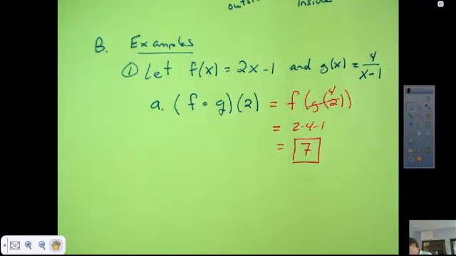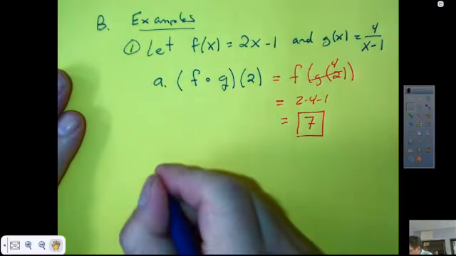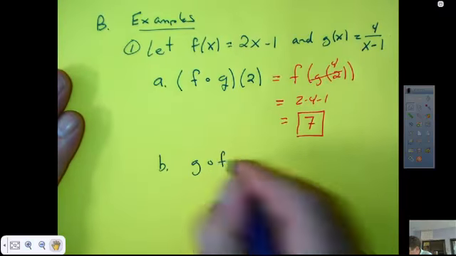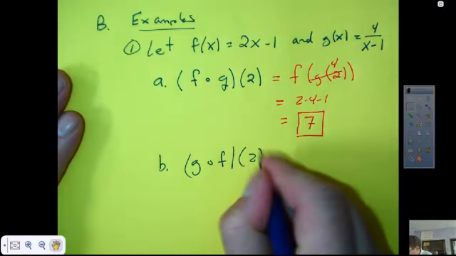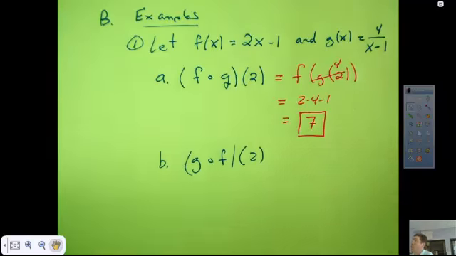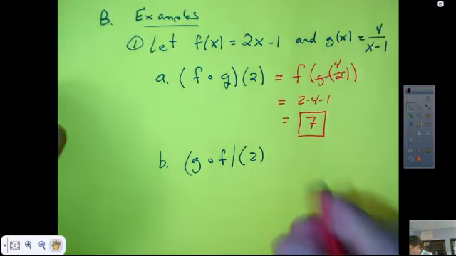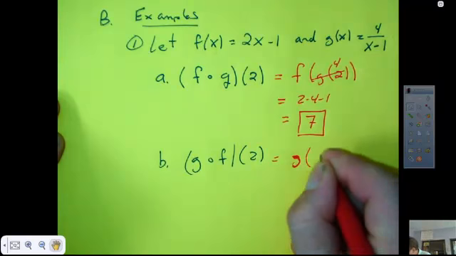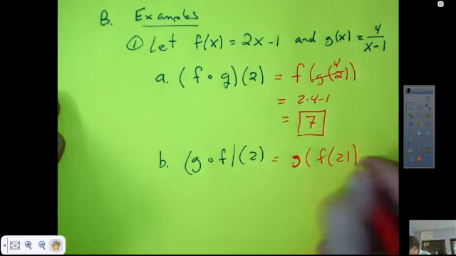And keep in mind that composition is not commutative; different ways often give different results. In other words, g composed of f of 2 may or may not be 7. Most likely it's not. So g of f of 2.